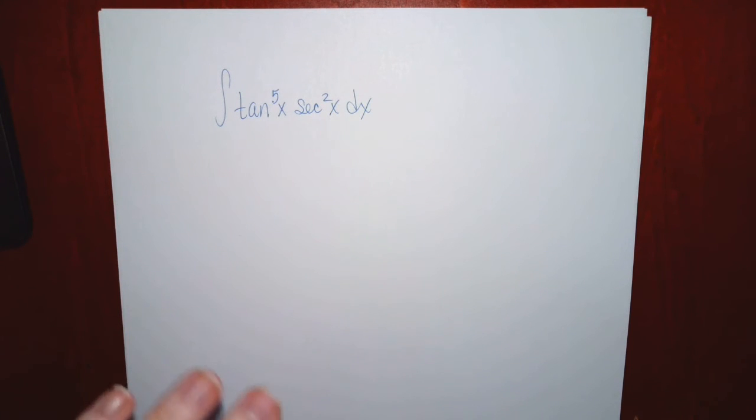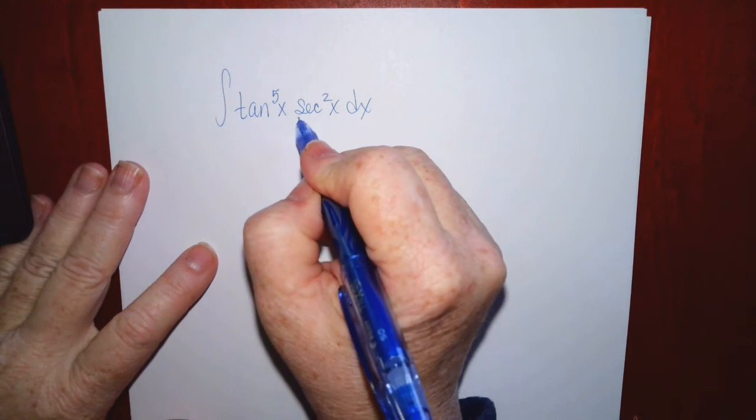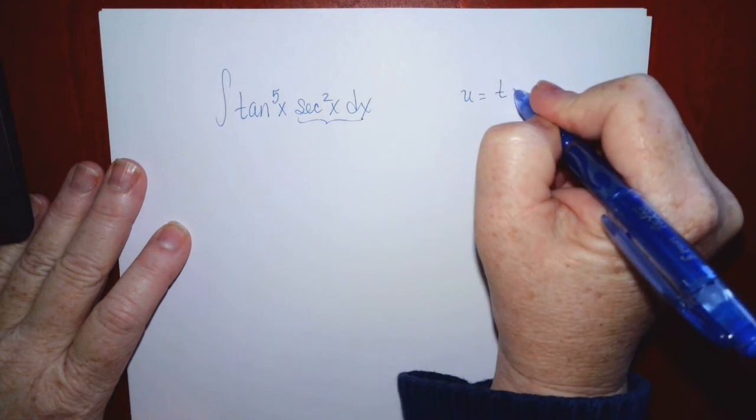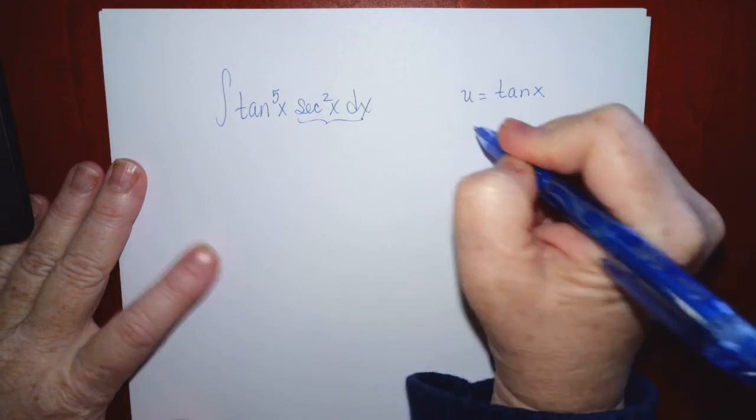Same thing with tangents and secants. The derivative of tangent is secant squared, the derivative of secant is secant tangent. So if you have some combination of those two functions, a lot of times you can pull off either a secant tangent or a secant squared to be du. This would be du if u equaled just tangent.